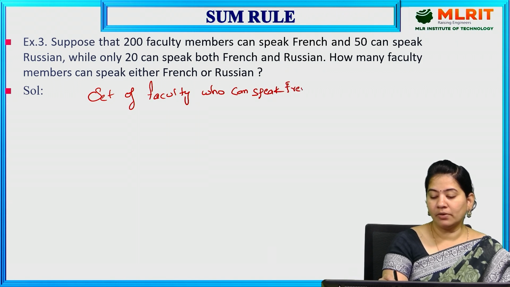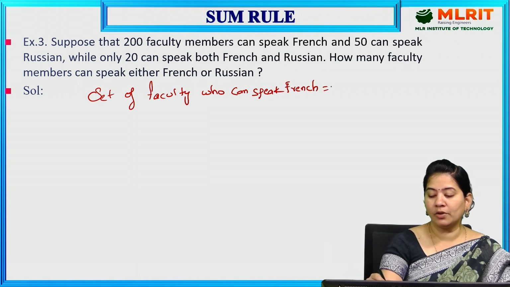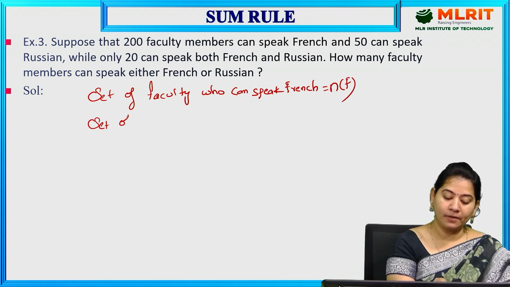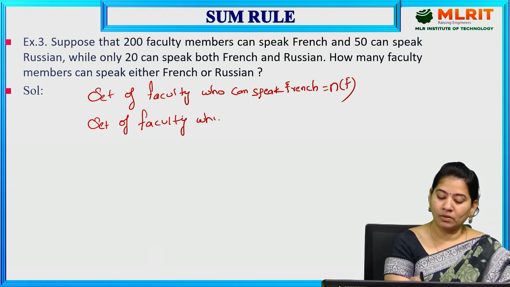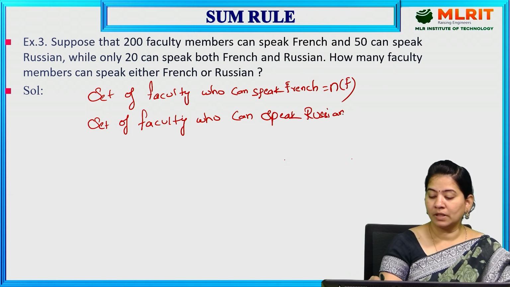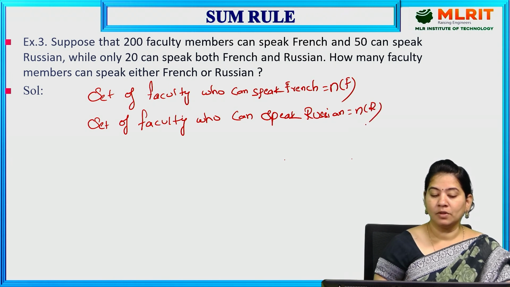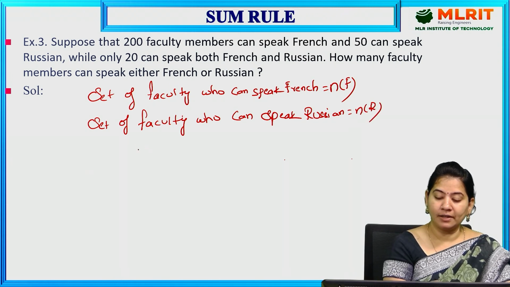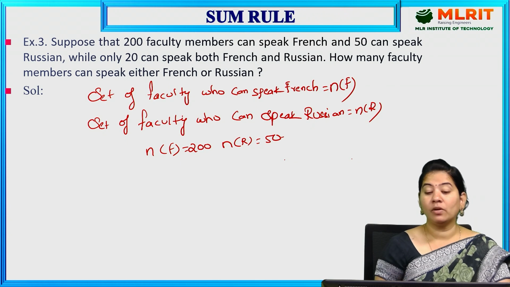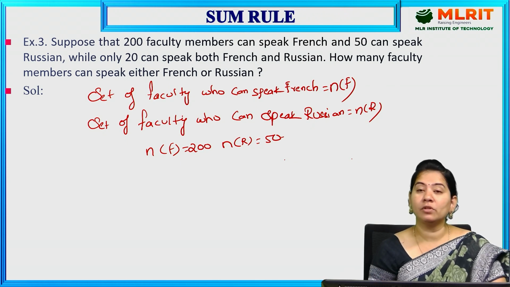French. Set of faculty who can speak French is equal to N of F. And set of faculty who can speak Russian is equal to N of R. So here we can write that N of F is equal to 200 and N of R is equal to 50. Now we also have 20 people who can speak both French and Russian.